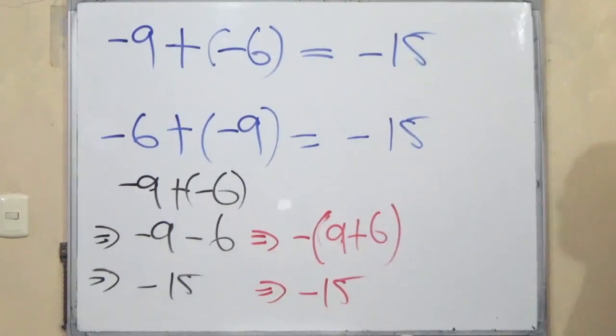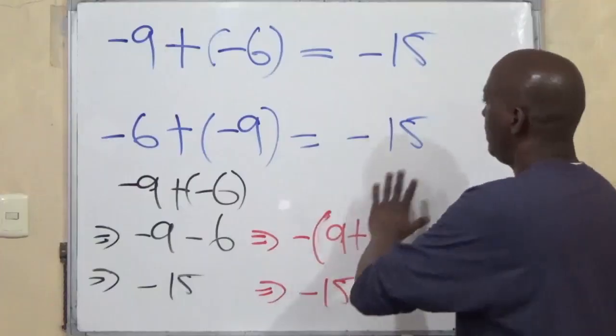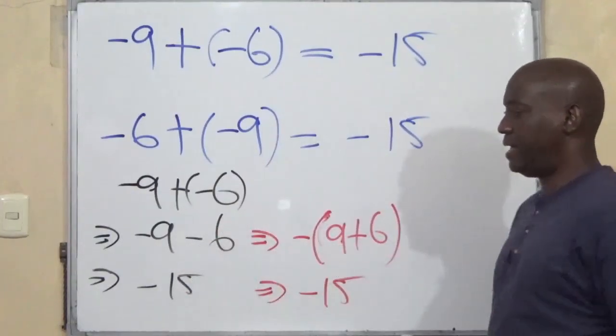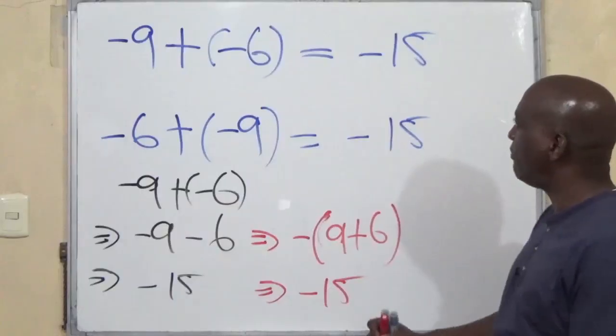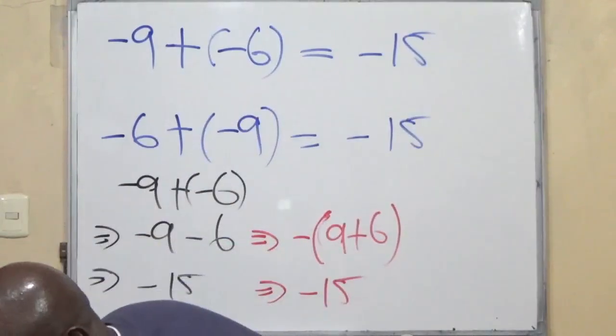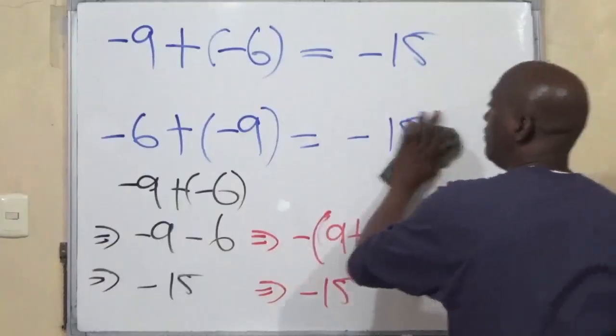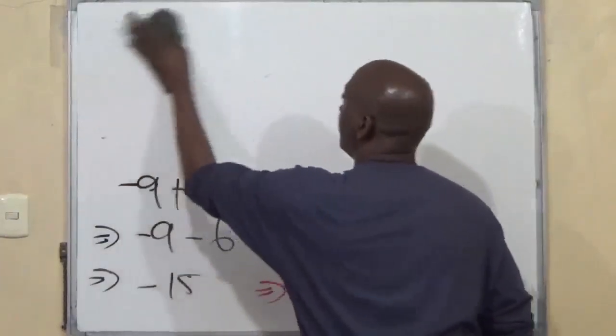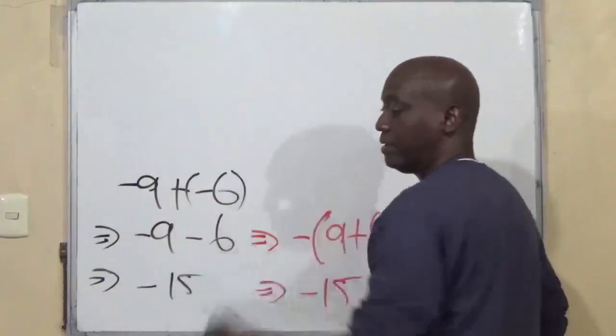Right. In the same vein, if we had the minus 6 plus minus 9, right? And I'm going to rub off the blue and take the top of the board, right? So I can rub off here. Right? Rub off there.